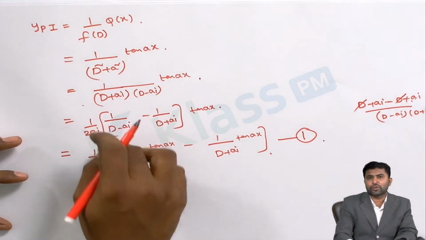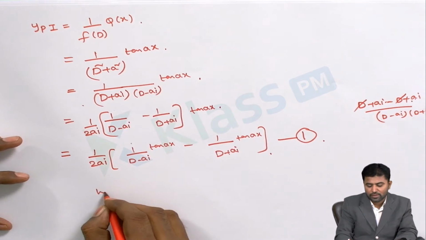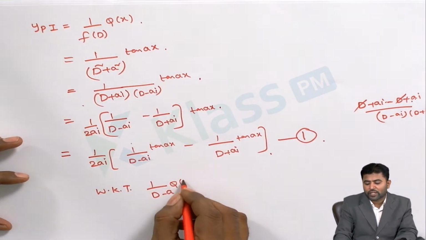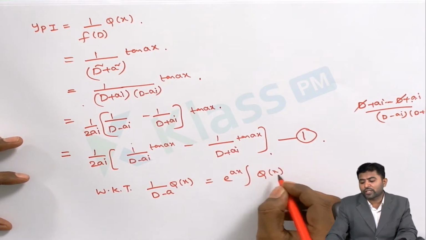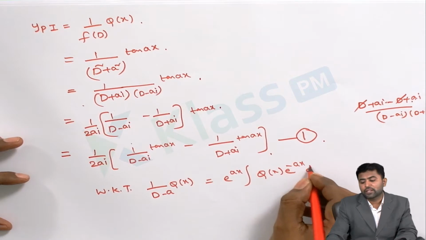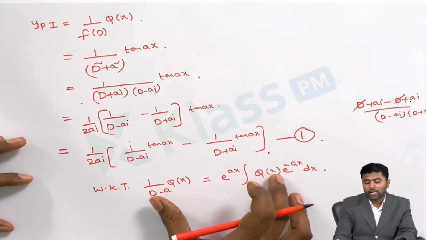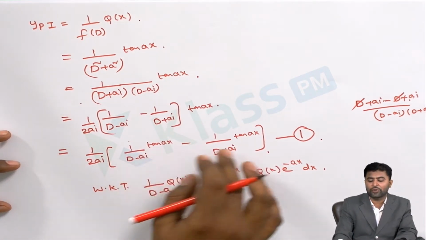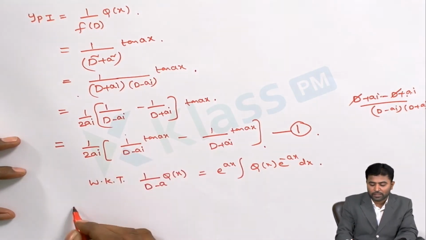If you observe, this is of the form 1 by D minus a into Q of x. We know that 1 by D minus a of Q of x is e power ax integration of Q of x e power minus ax into dx. By using this formula, we have to evaluate these two. So now I'll consider the first part.